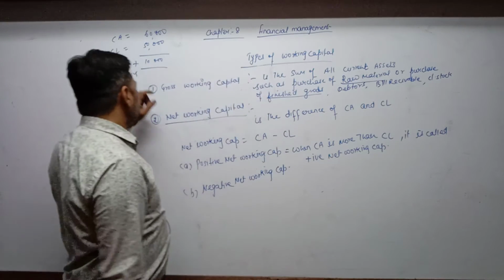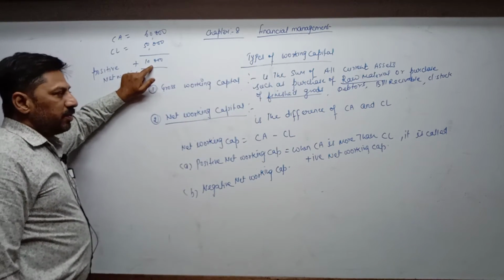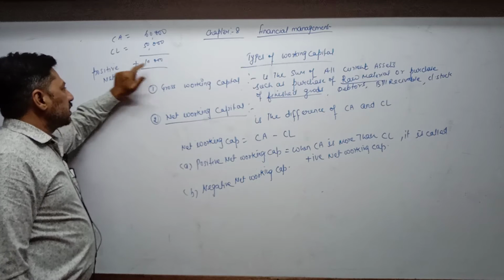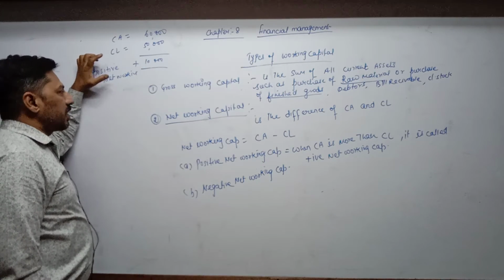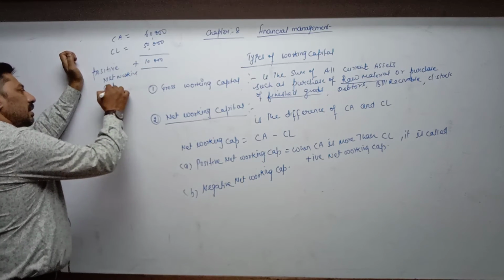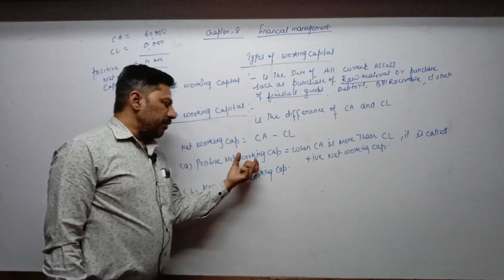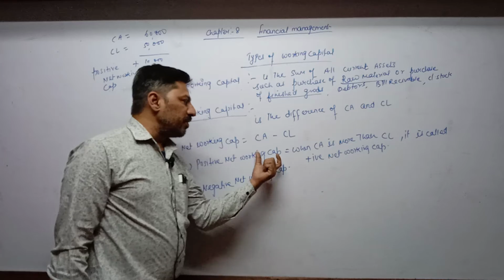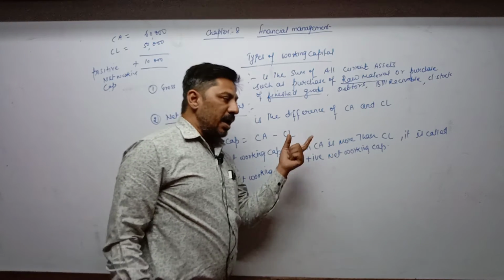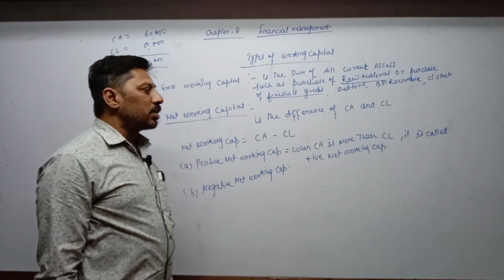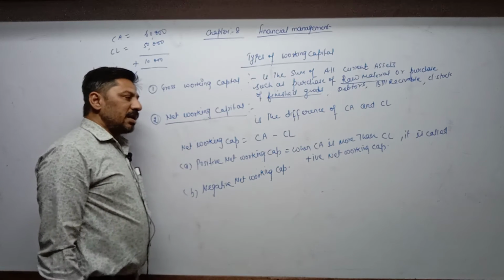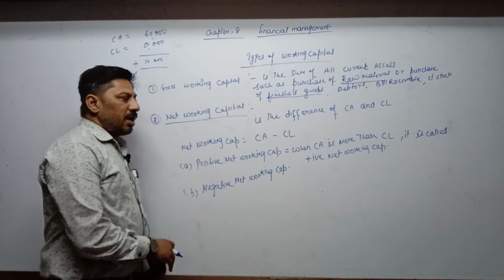Means in our example 10,000 is positive answer, that's why 10,000 is called positive net working capital. So what is the definition of positive net working capital? Net working capital is the difference between current asset and current liabilities, and if current asset is more than current liability, in that case it is called positive net working capital.